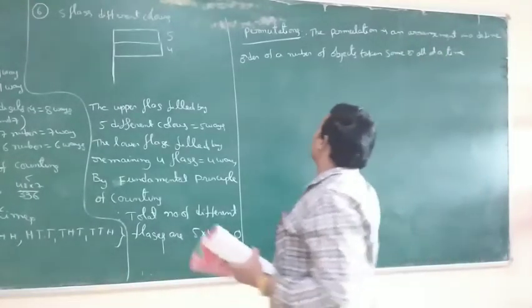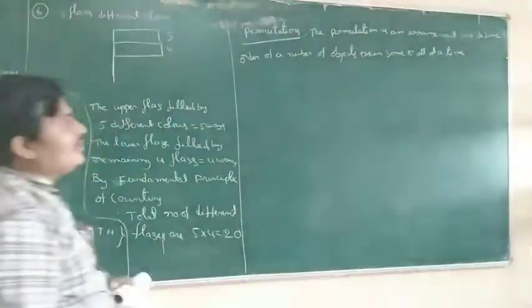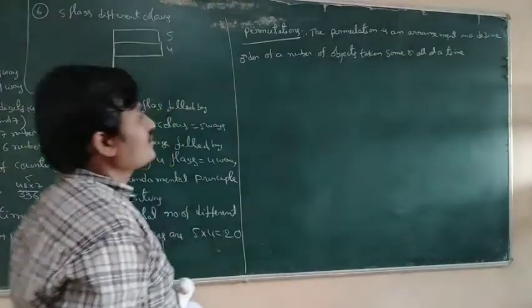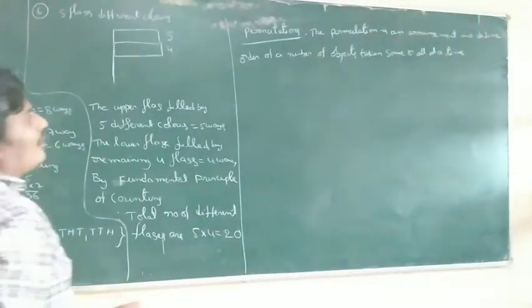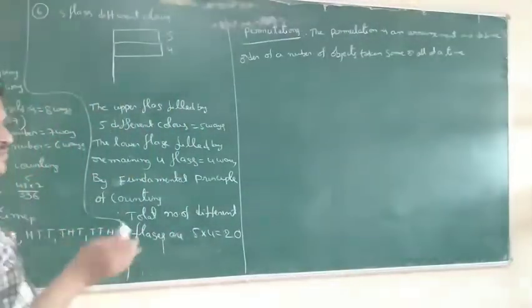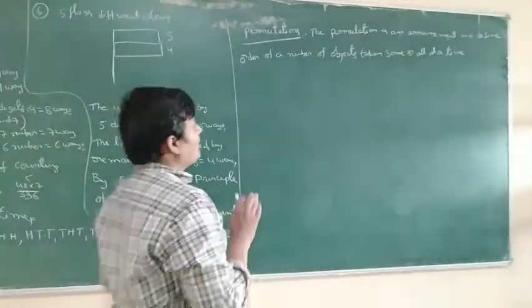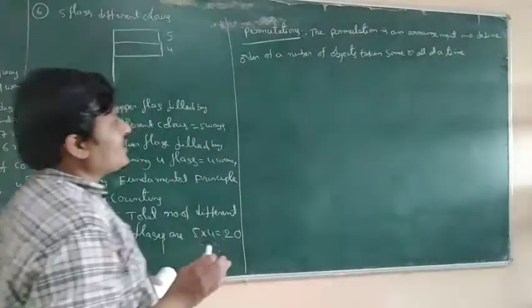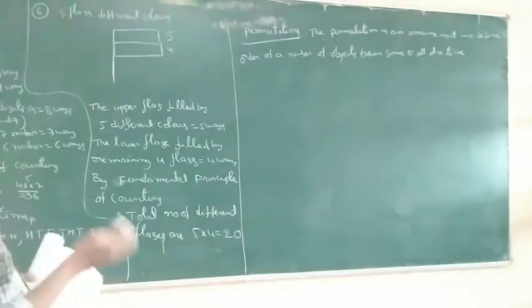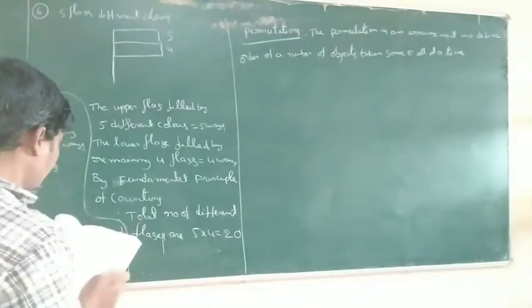So permutation is an arrangement in a defined order of a number of objects; defined order means a sequence or something. Defined order of a number of objects taken some or all at a time.